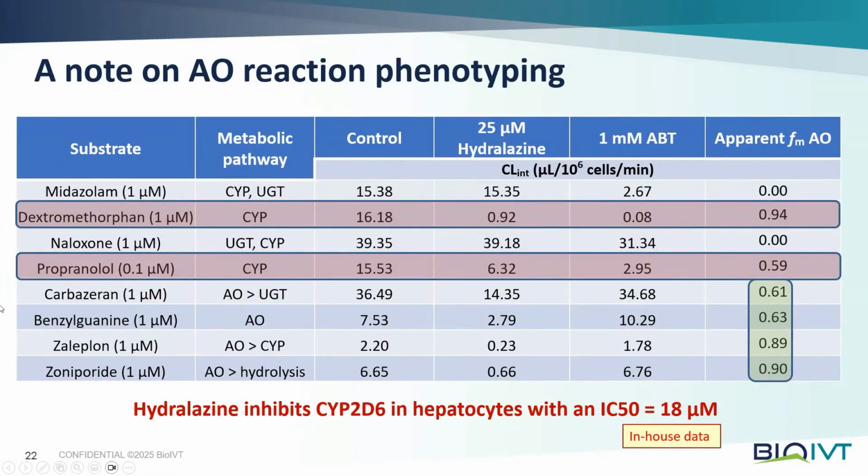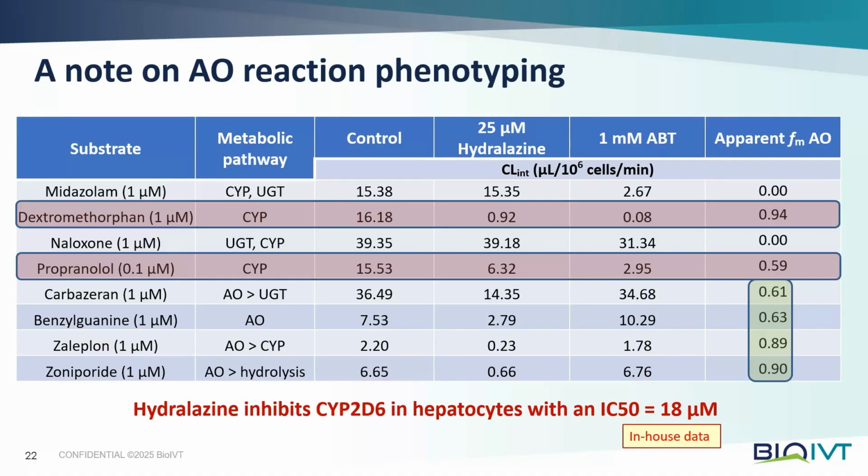So going back to aldehyde oxidase, I just want to mention that when you're calculating in vitro the fraction metabolized by P450 versus aldehyde oxidase in pooled human hepatocytes, looking only at 1-ABT and hydralazine, there are a couple of artifacts you might run into. So these are in-house data we generated a while back. We looked at a wide variety of compounds that are P450 substrates as well as aldehyde oxidase substrates.